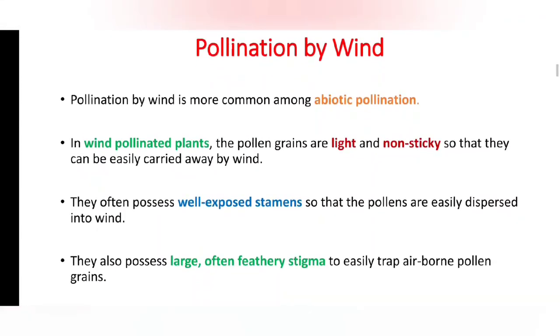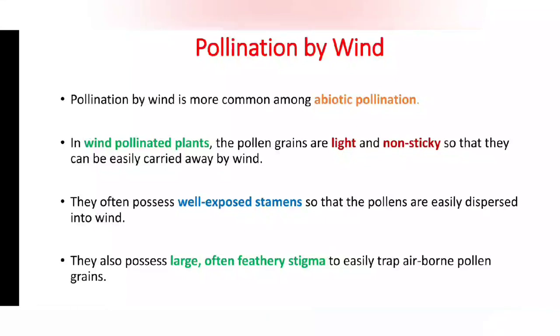Now, pollination by wind. Pollination by wind is more common among abiotic pollination. In wind pollinated plants, the pollen grains are light and non-sticky, so that they can be easily carried away by wind.